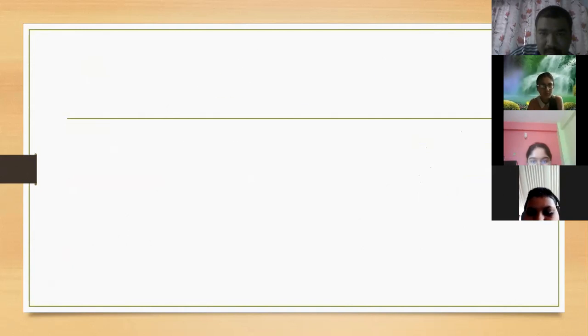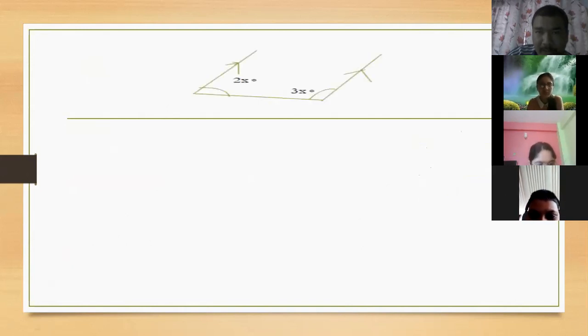Now the next slide goes like this. Look there. What type of angles are these two angles? One is 2x and another is 3x. They are co-interior angles. Yes, very good.